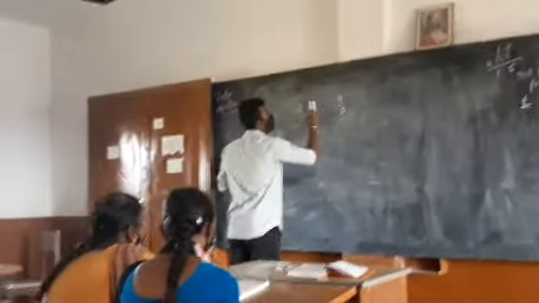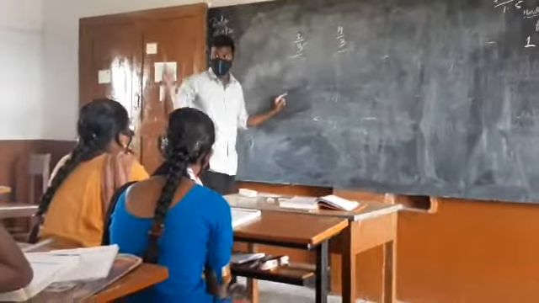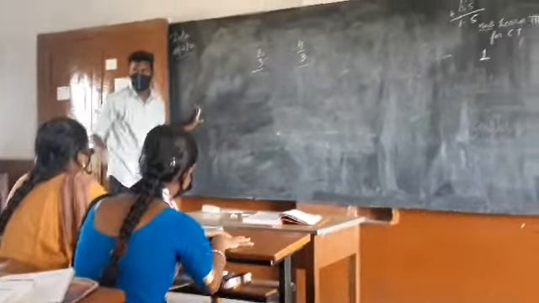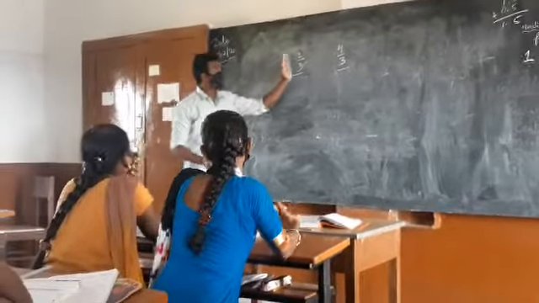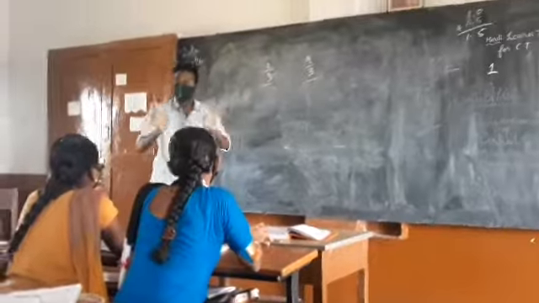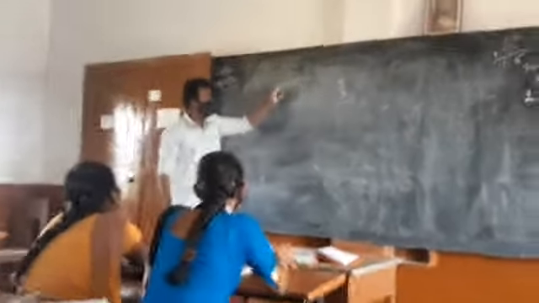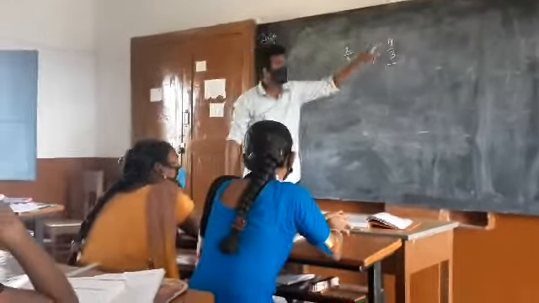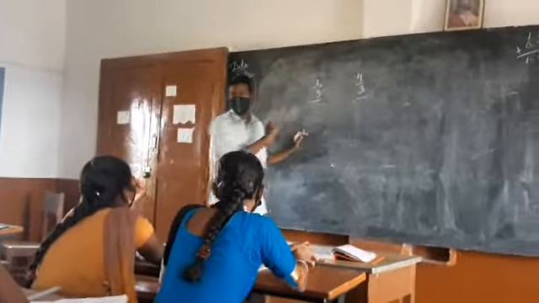You are going to apply a few modifications to these original numbers. Just like for the improper fraction, we have applied the way of mixed fraction. We are going to apply a few modifications such that the fraction remains the same. We should not disturb the fraction. The fraction value should be at last 2 by 3 only, at last 4 by 3 only. Even then we need to find a few rational numbers in between them.